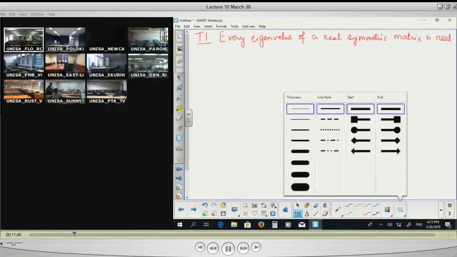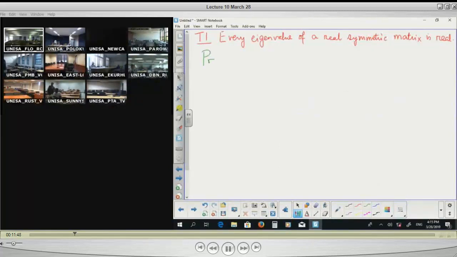Let A be real symmetric. So that means I know that A transpose is the same as A, right? Now, consider this polynomial.